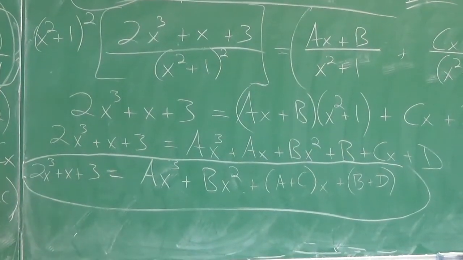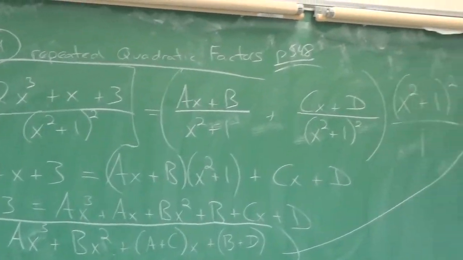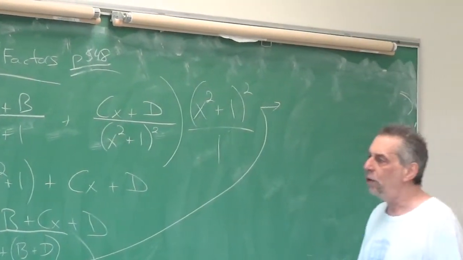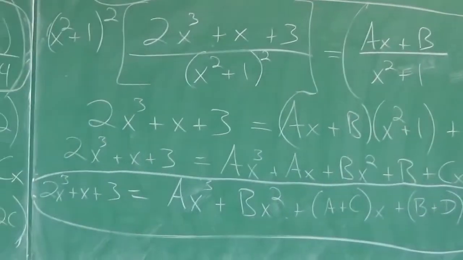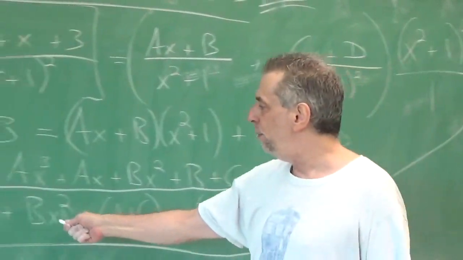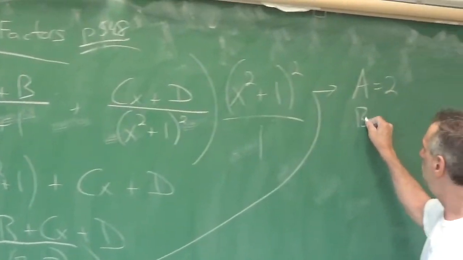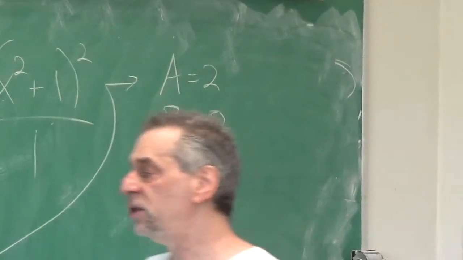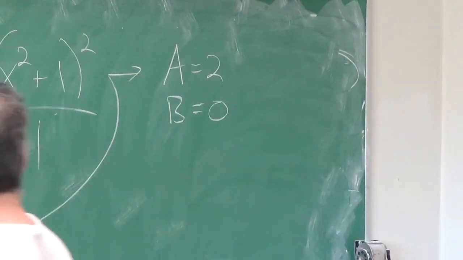So now we can set up the system. This time it's 4 unknowns, but as you can see, it's a pretty easy system to deal with. We already know immediately that a must equal 2. We immediately know b has to equal 0. So these are pretty nice equations to deal with. We know a plus c has to equal 1.